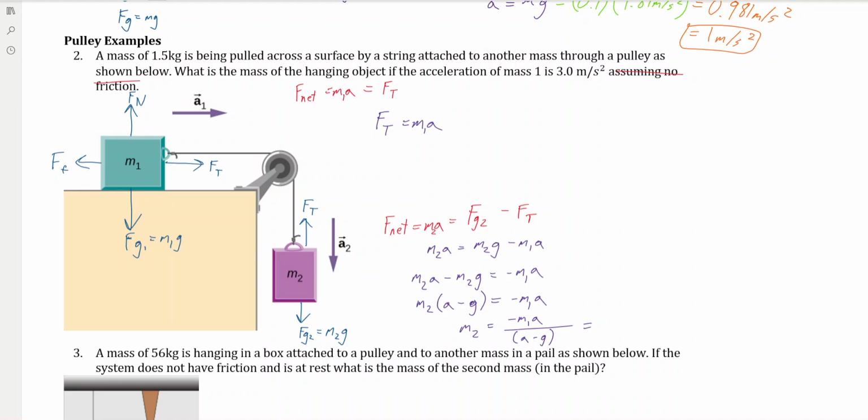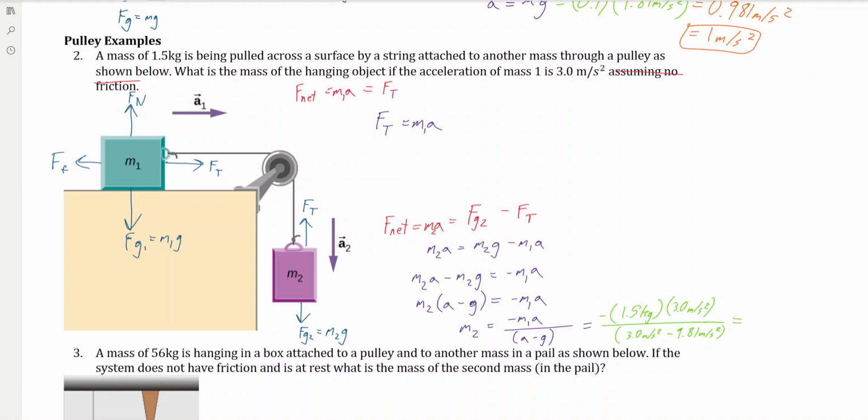Now let's go ahead and put the values in. So negative, probably because our acceleration, yeah, those two negatives, you could flip this in two different ways and make it work, but anyways, we'll write it the way we have it. So 1.5 kilograms times a, which is 3.0 meters per second squared, and then we've got a, which is 3.0 meters per second squared, minus 9.81 meters per second squared.